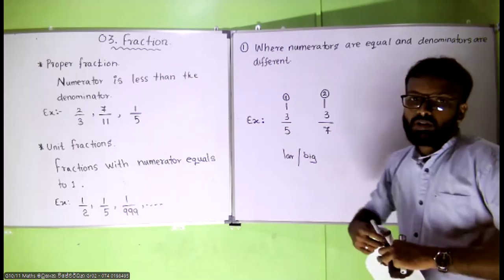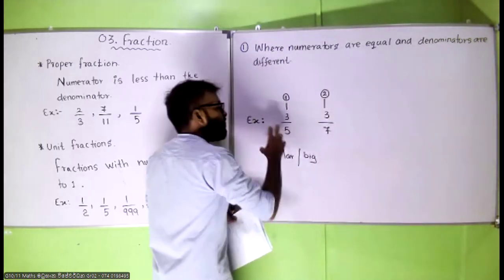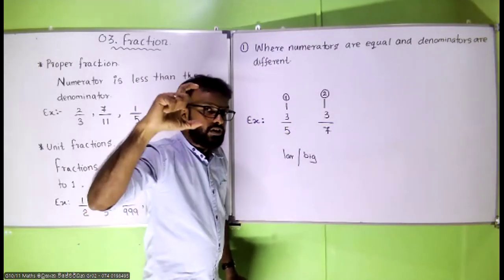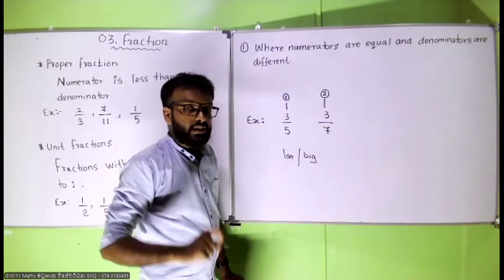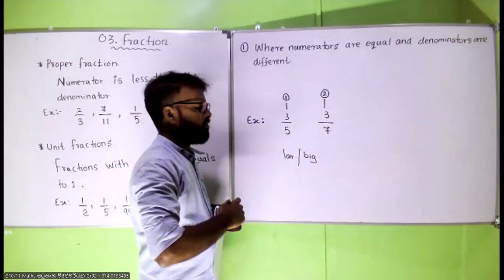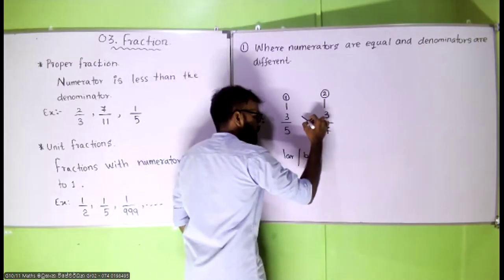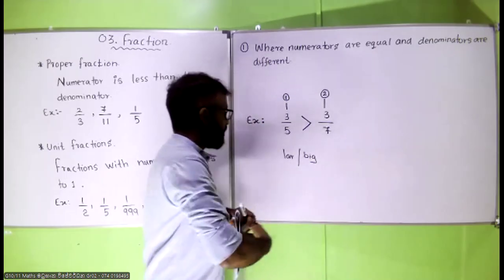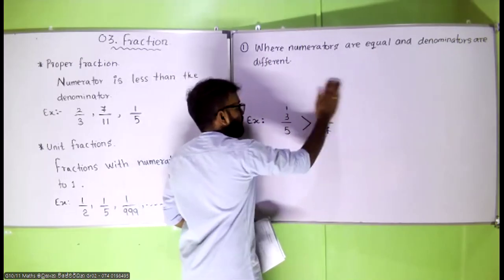Okay. Yes, student. So if we compare these two fractions, the fraction with the lowest denominator is the biggest fraction. So this is it. Then I will remove this one.